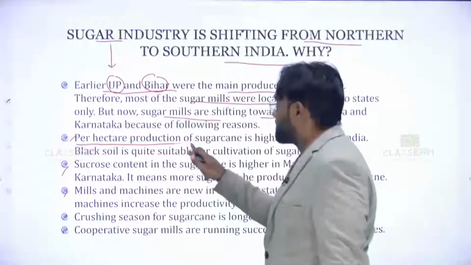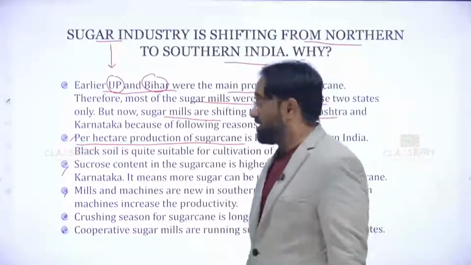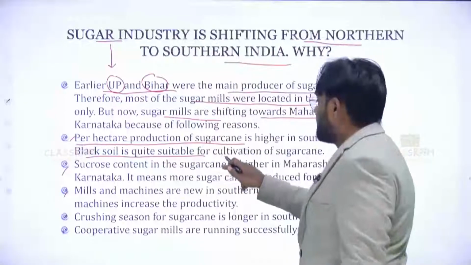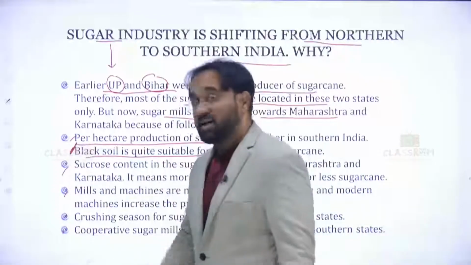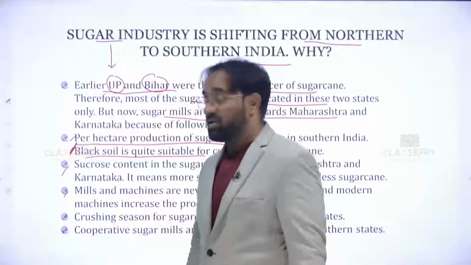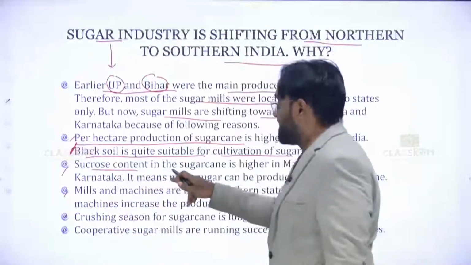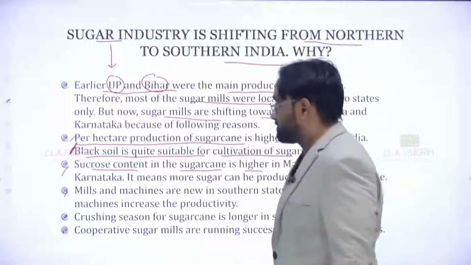Per hectare production of sugarcane is higher in southern India. Black soil is quite suitable for cultivation of sugarcane. Sucrose content in the sugarcane is higher in Maharashtra and Karnataka.